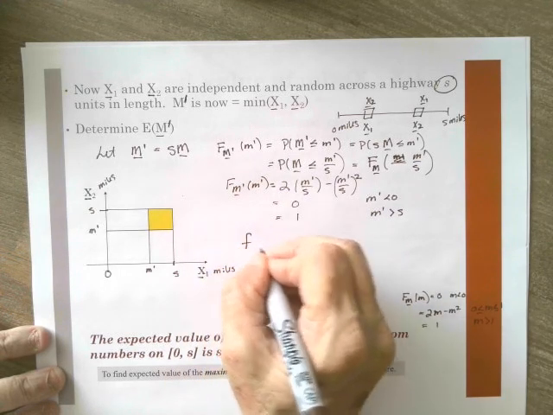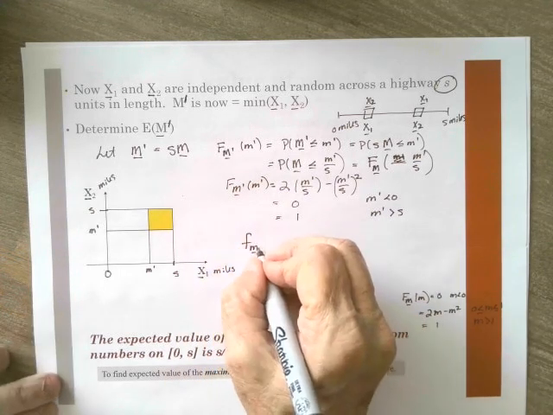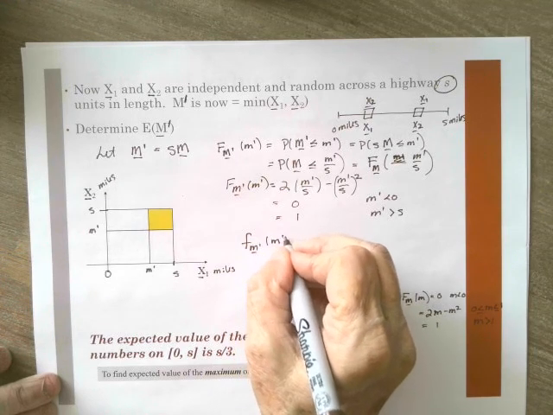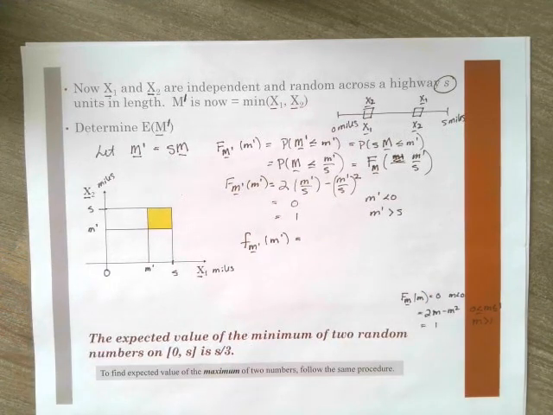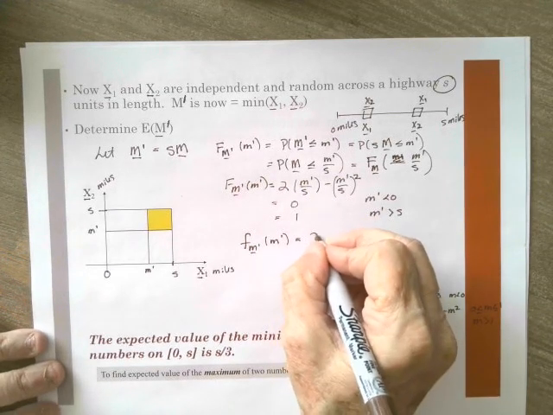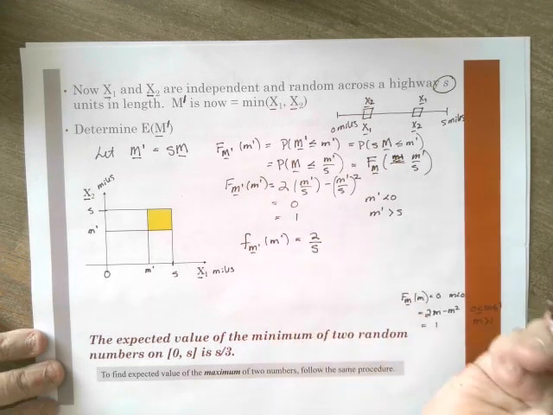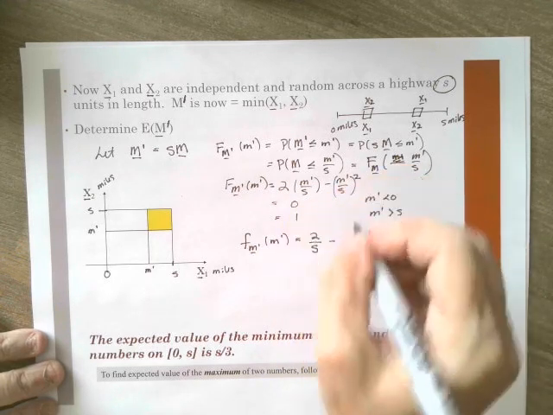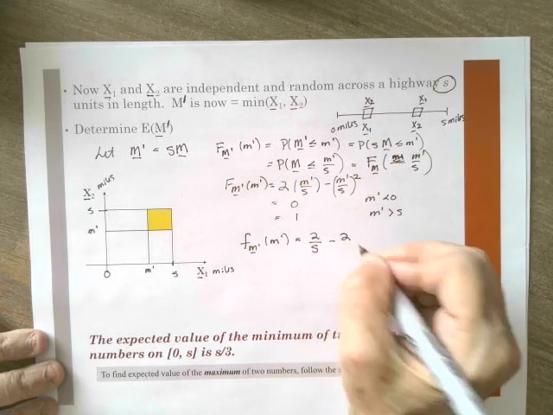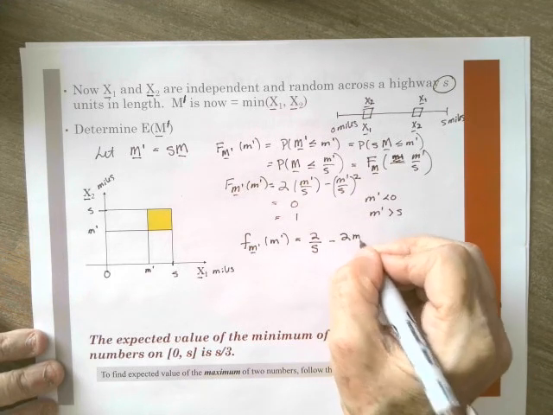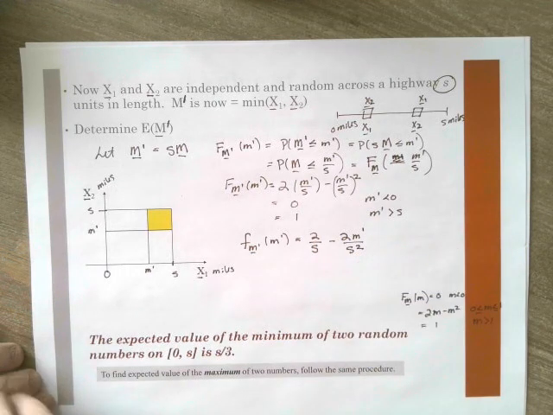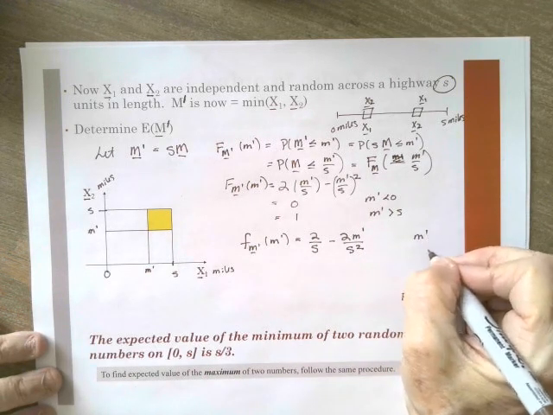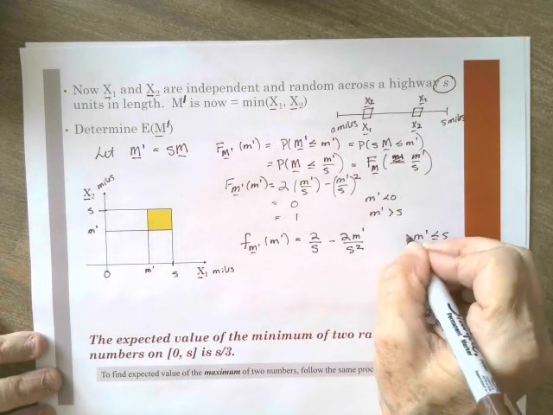Now to get the probability density function of m prime, we take the first derivative of this with respect to m prime, which gets me 2 over s minus 2 m prime over s squared, good for m prime between these two values.